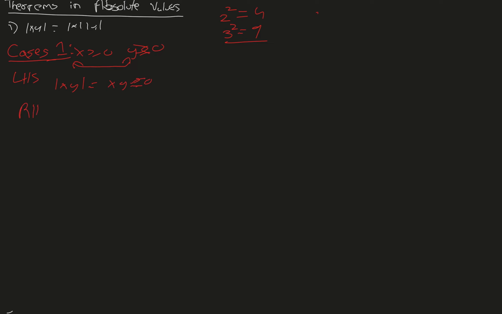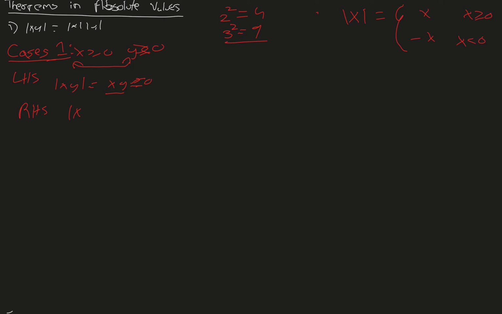Remember from the definition of the absolute values, if the value inside the brackets is positive, you get the number itself, and if it's negative, you get the negation of the negative number.